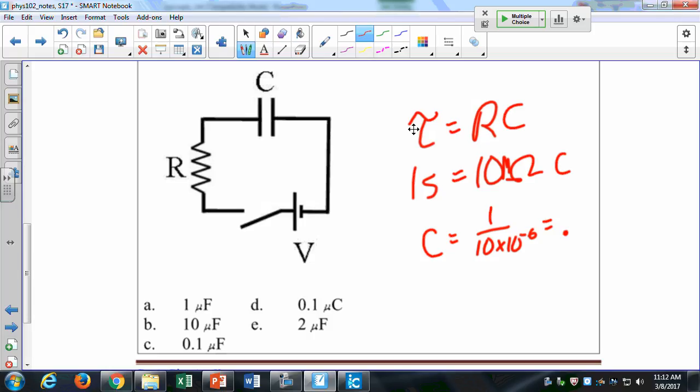Is that right? Yeah, 0.1 times 10 to the minus 6. Not minus 6, this would be positive 6 right here. Sorry. So the answer is 0.1 microfarads. All right? Know how to calculate the time constant and know what it means in terms of discharging or charging a capacitor.